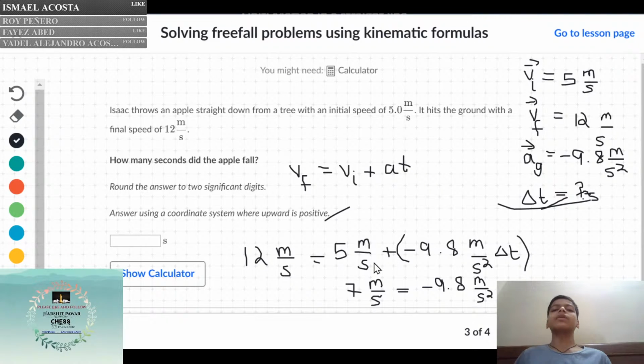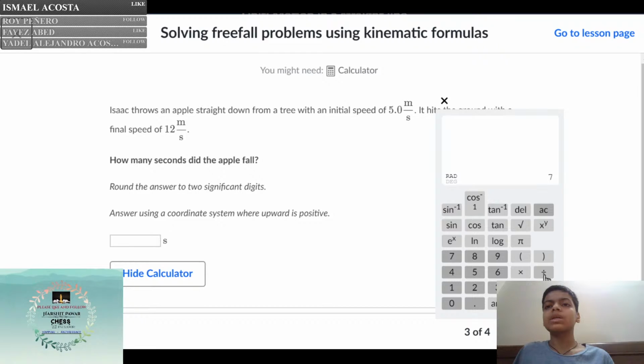Divide both sides by negative 9.8 meters per second squared. The units cancel out, leaving seconds. 7 divided by negative 9.8 is equal to negative 0.714.